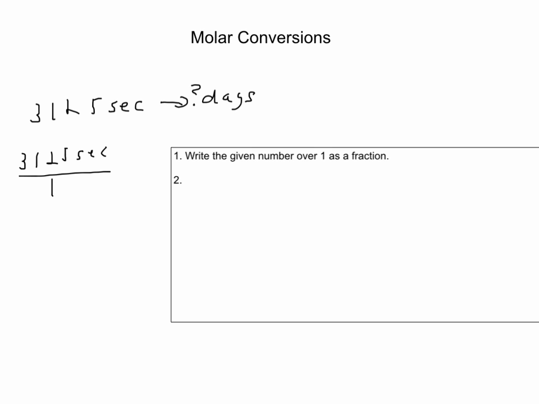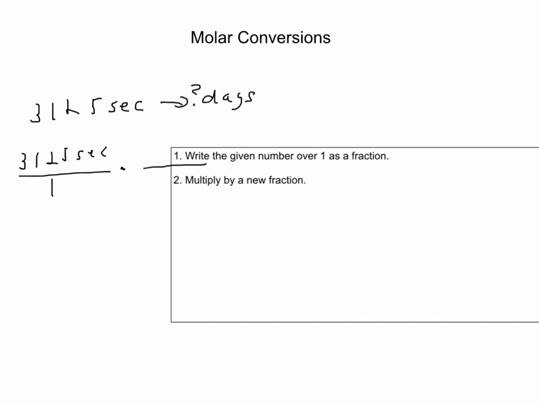And the next step, step number 2, will be to multiply by a new fraction. So we'll draw in this new fraction times new fraction line.